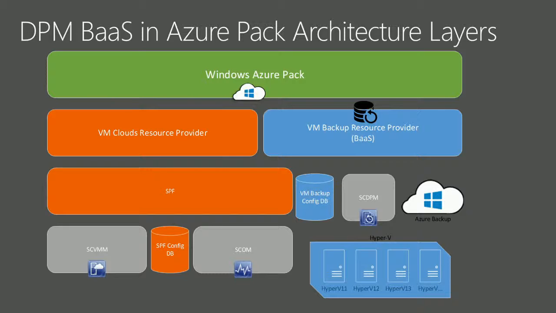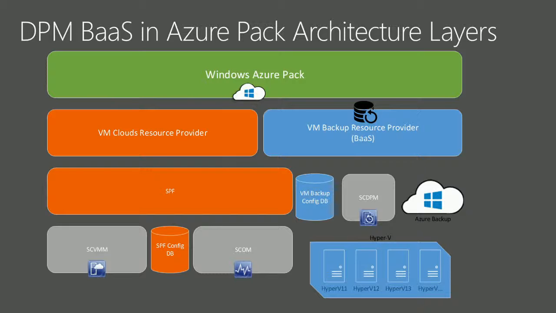Okay, a few of you know what the VM Clouds resource provider is. The backup resource provider needs to be tied with the VM Clouds provider. That way it knows what virtual machines belong to what cloud, go with what tenant, etc. So you can't have the BAAS resource provider just by itself.